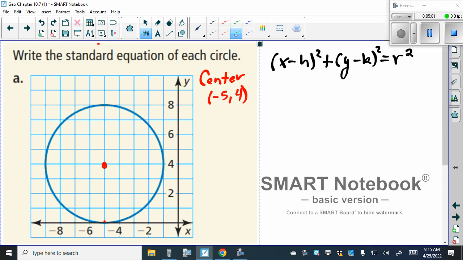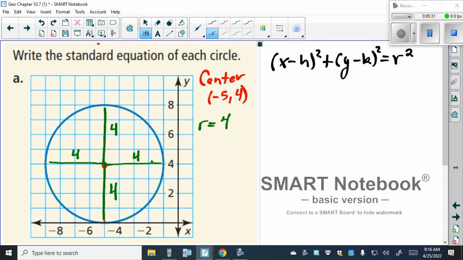And if we check this here, the distance to the four sides should all be the same. So 1, 2, 3, a distance of 4. So negative 5, 4 is the center, and our radius is 4.